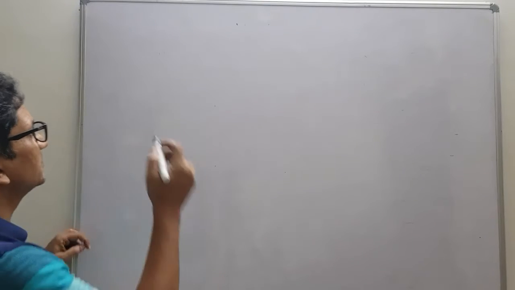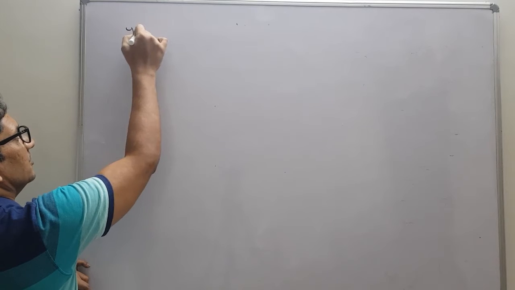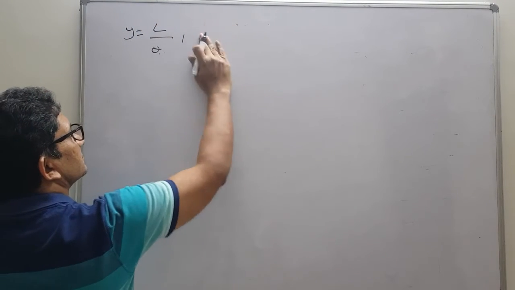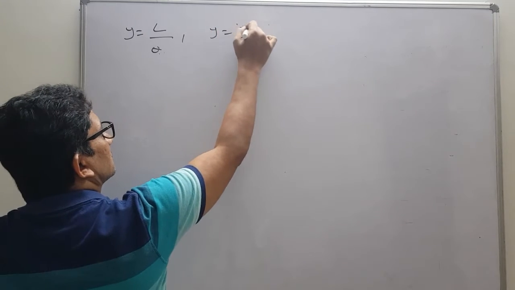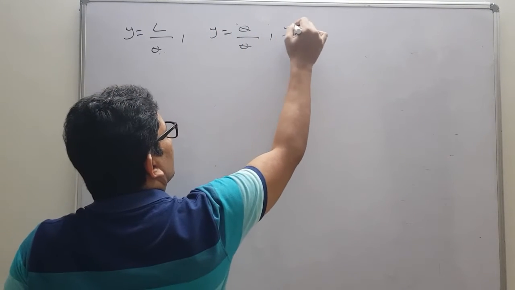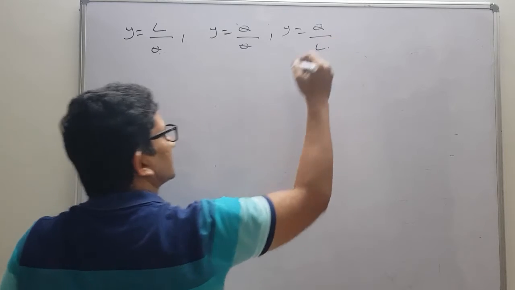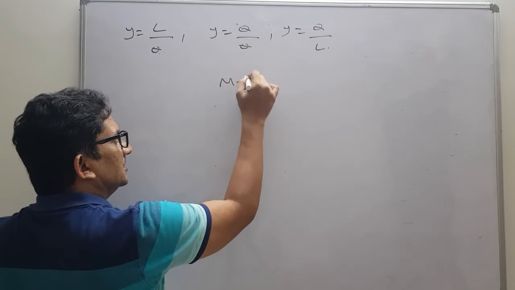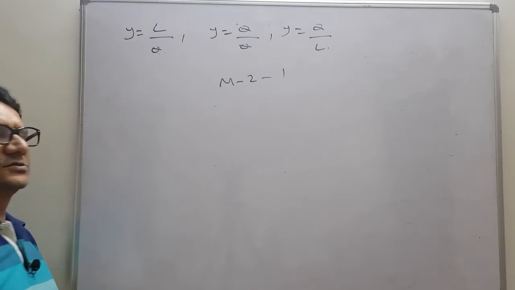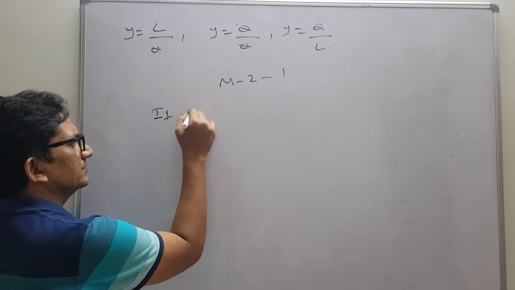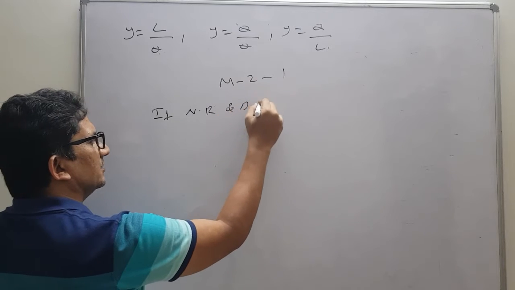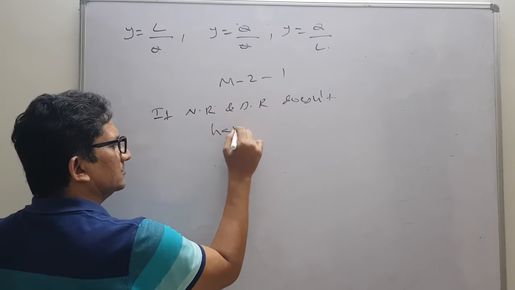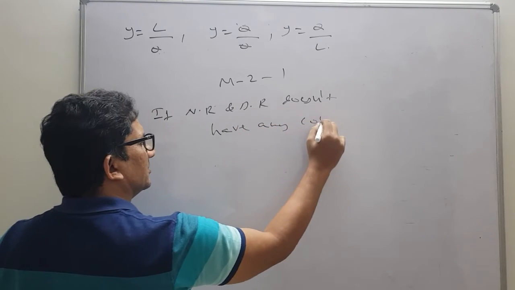Next, observe, say while finding the kinds of the function, we may have a function like this type, linear by quadratic, and y equals to quadratic by quadratic, and y equals to quadratic by linear. In all these cases, the function will be many to 1, if numerator and denominator do not have any common factors.